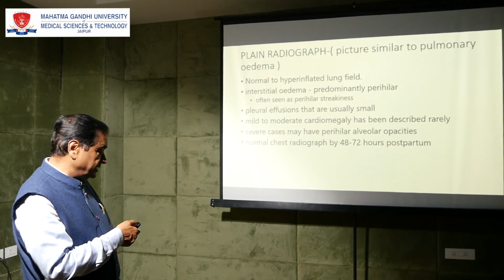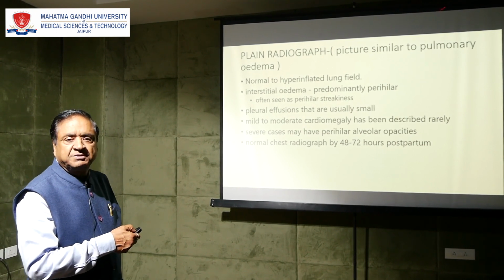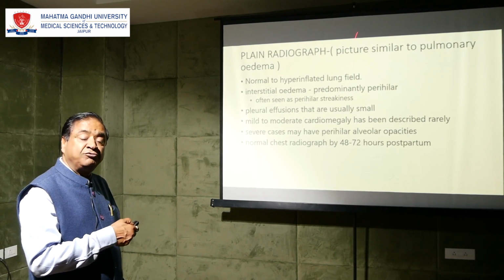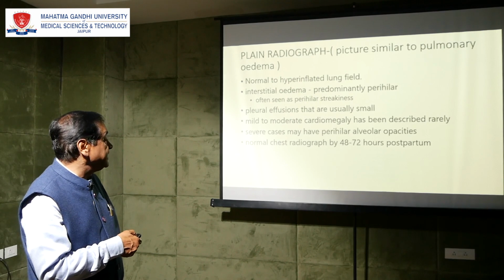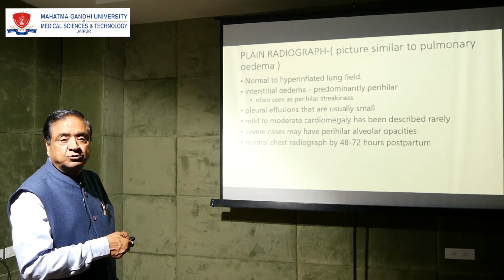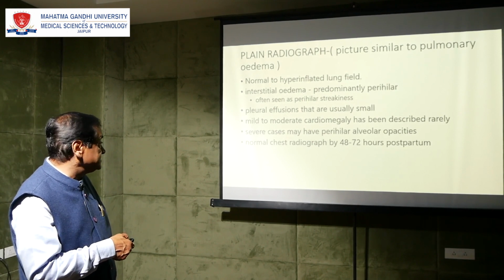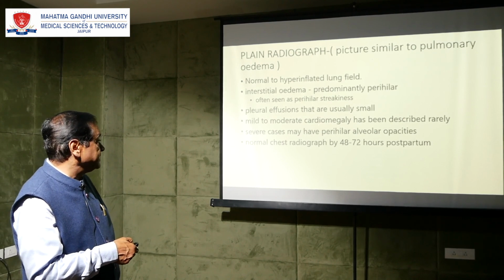Now on the plain radiograph, the findings are similar to pulmonary edema, because this is a wet lung disease. With the wet lung disease, the fluid remains in the lung. So you find interstitial edema, with predominantly perihilar shadows. Perihilar shadows are seen, and with that minimal pleural effusion is seen, and many times mild to moderate cardiomegaly can be seen.